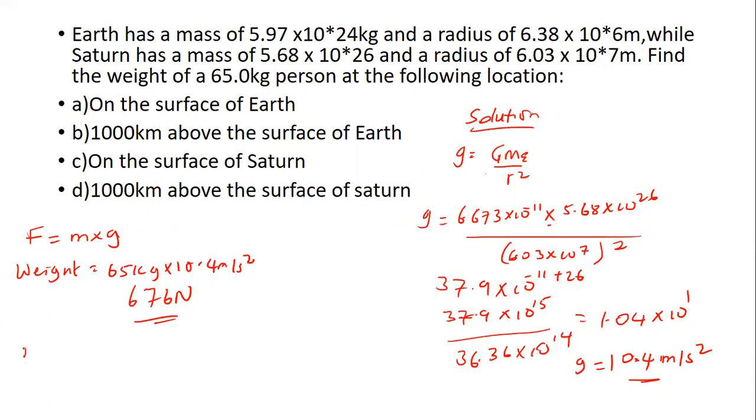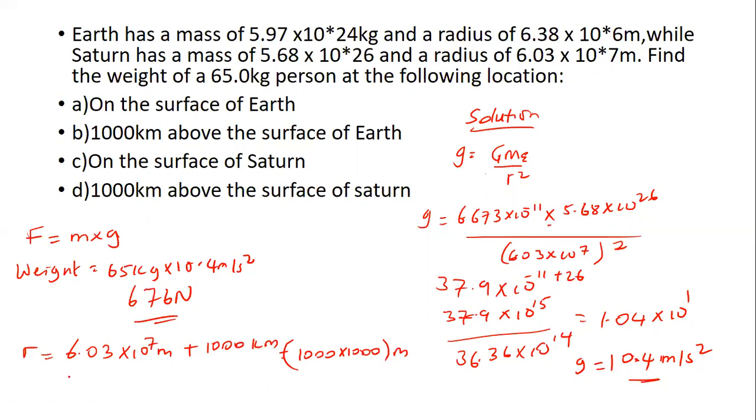Okay, so now if it says what is the weight 1,000 above the surface of Saturn, the meaning is the radius is increased by 1,000 kilometers. What is the radius given to you? 6.03 times 10 raised to power 7 meters, plus 1,000 kilometers. 1,000 kilometers is the same as 1,000 times 1,000 meters.